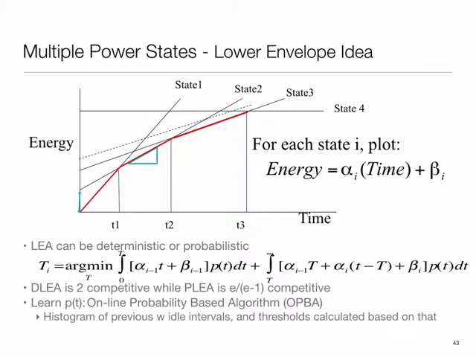So the upshot is, if you're shooting for a simple system, you can set the thresholds corresponding to these points, which is essentially the break-even point for single state systems. If on the other hand you somehow knew the distribution of the task arrival, then you can do better. I'm not describing that algorithm, but there exist algorithms which can do better in that case.